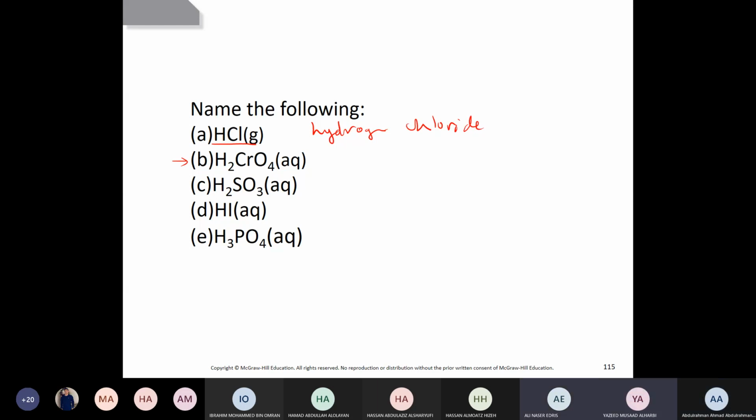No, chromic acid, just simply chromic acid. Exactly. Why? Because the name of this group is chromate, and you change ate into ic. Simply acid. Clear? Okay. Clear.